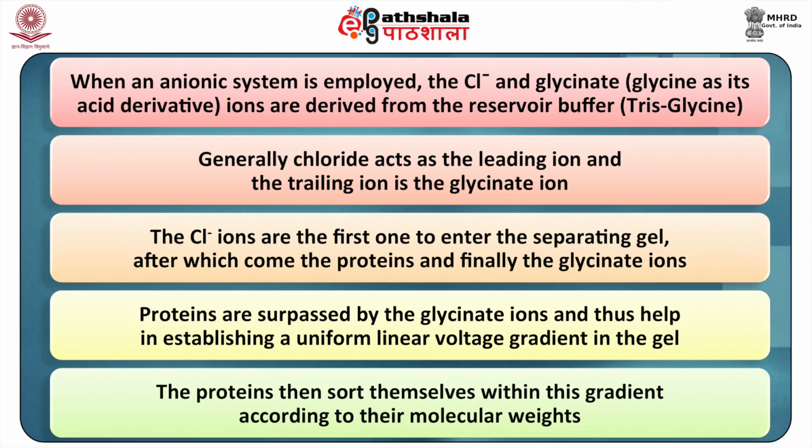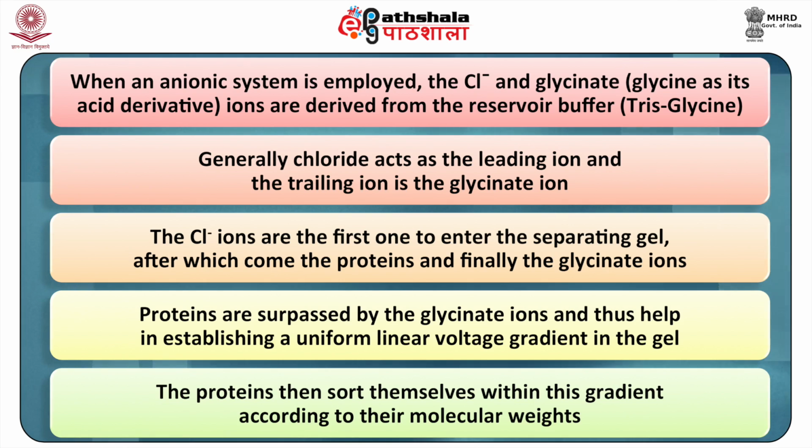This ion will move faster through the gel, that is, the one that will have the greater charge and is known as the leading ion, while the trailing ion is that ion which has the lesser amount of charge. When an anionic system is employed, the chloride ions and glycinate ions are derived from the reservoir buffer of tris-glycine.